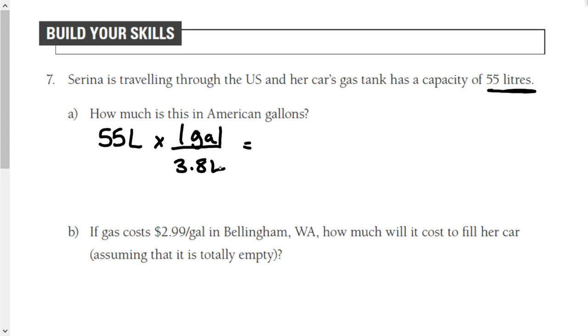So 55 divided by 3.8 gives us 14.47 gallons. Yeah, or we can round that to 14.5 gallons.